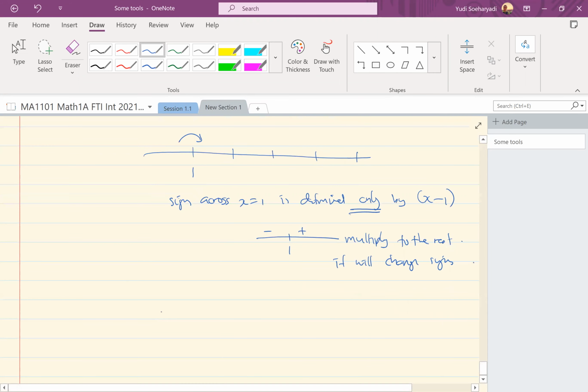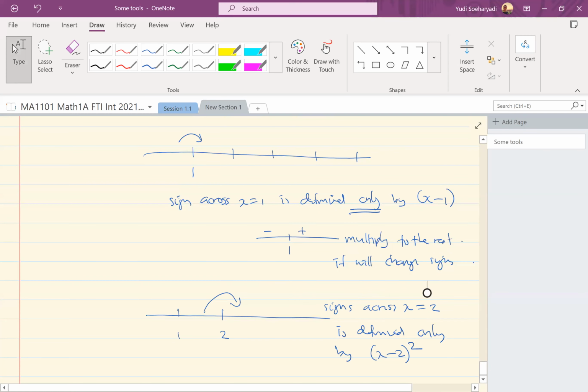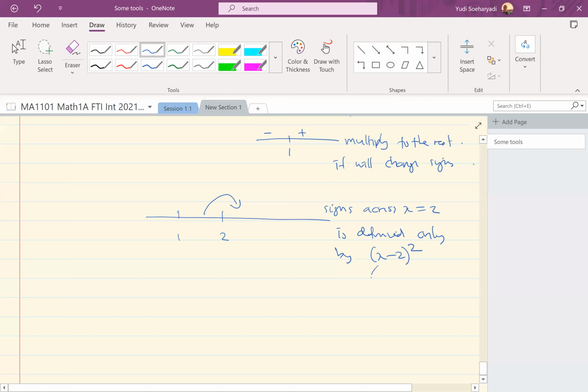So now what about this one? What about across 2? The sign across x equals 2 is determined only by x minus 2 squared. But because this is squared, it's positive to the right and also positive to the left.